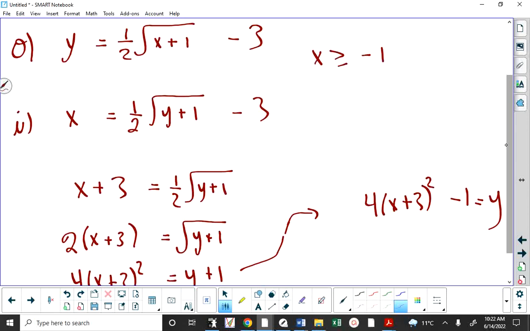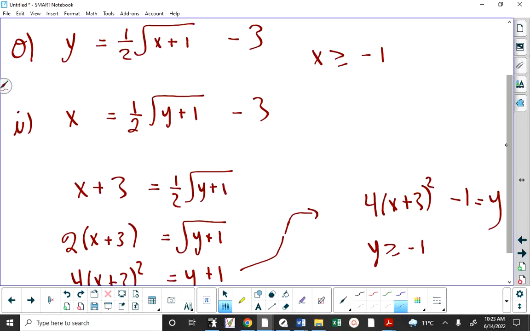Because x plus 1 must be greater than or equal to 0. And what that means is that this has to have this for a range, which means that part of this function might not be valid. And that's the wrinkle. I don't think you would see it.